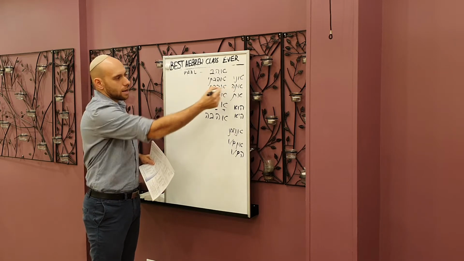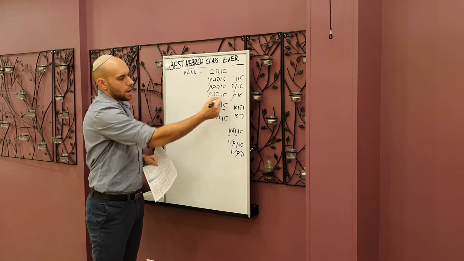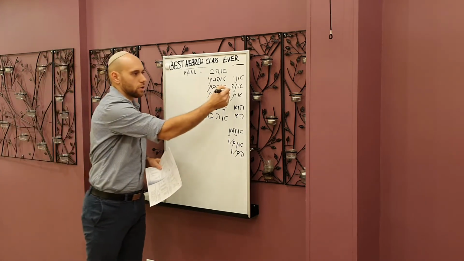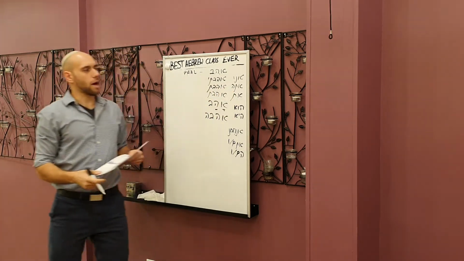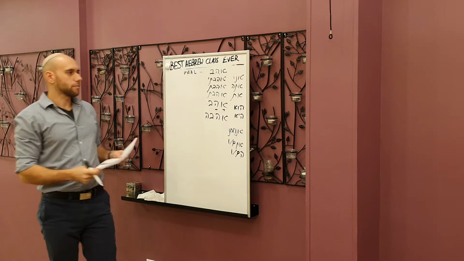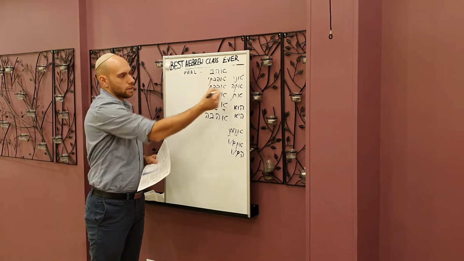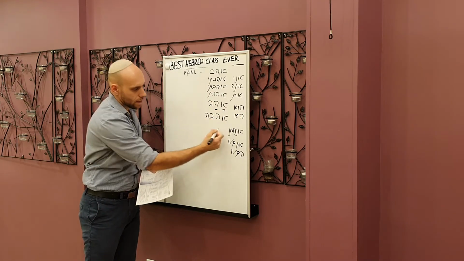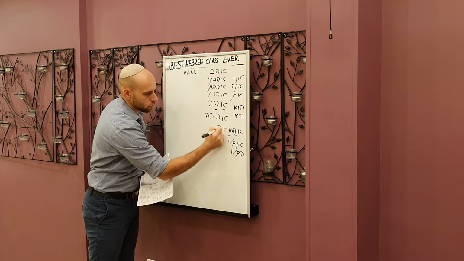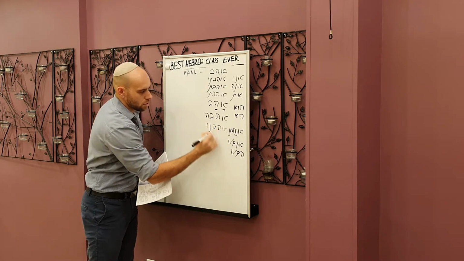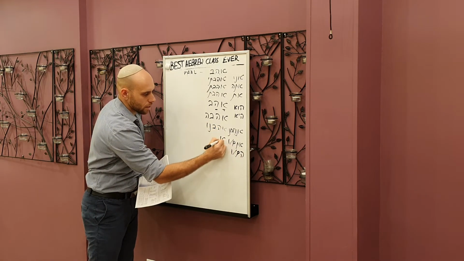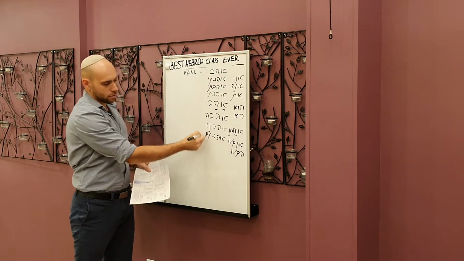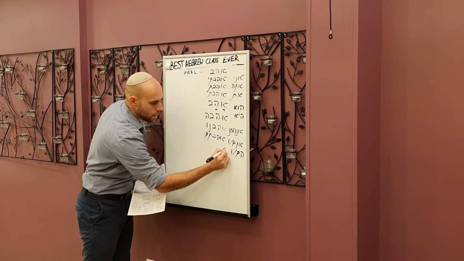But this is ata ahavta, at ahavt. Okay, ani ahavti, ata ahavta, at ahavt, hu ahav, hi ahava, anachnu ahavnu, atem ahavtem, aten ahavtem, hem ahavu.